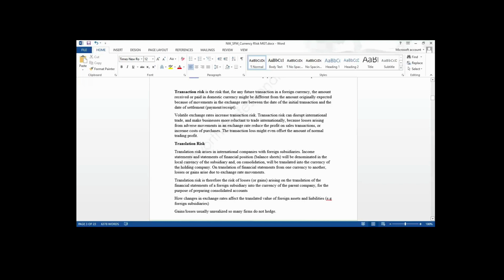The income statement and statement of financial position will be denominated in the local currency of the subsidiary. On consolidation, this will be translated into the currency of the parent company, the holding company.